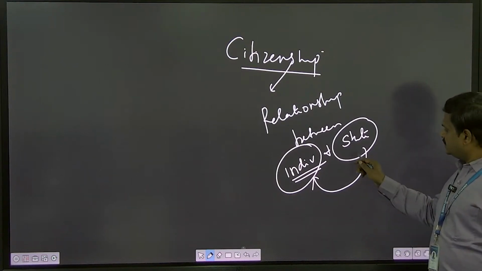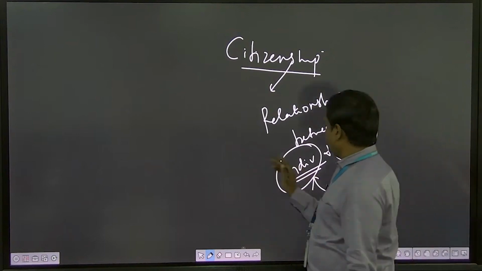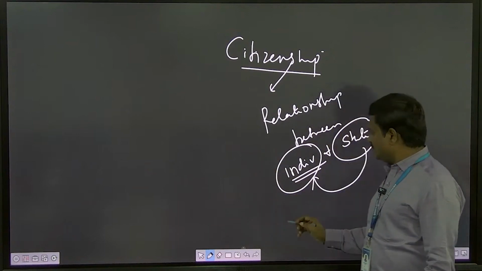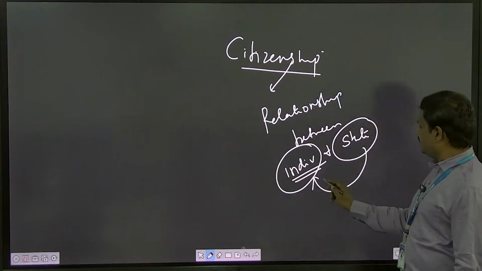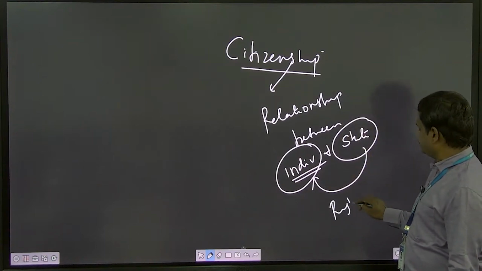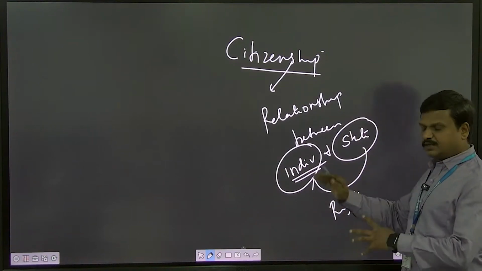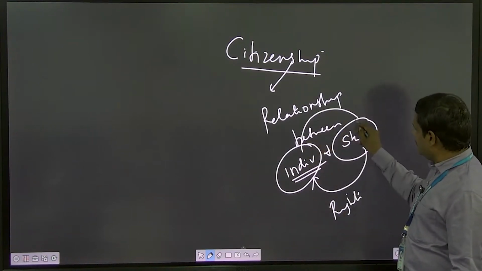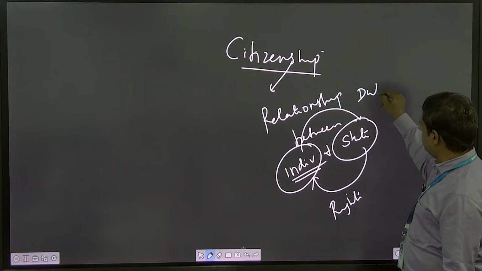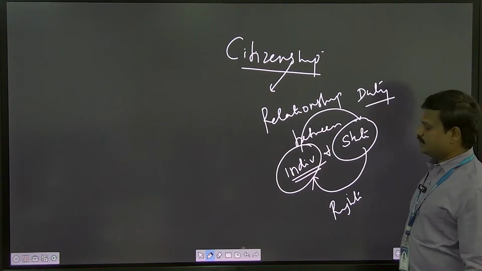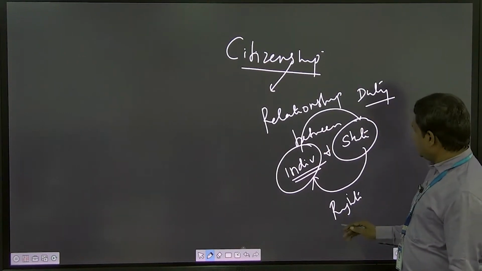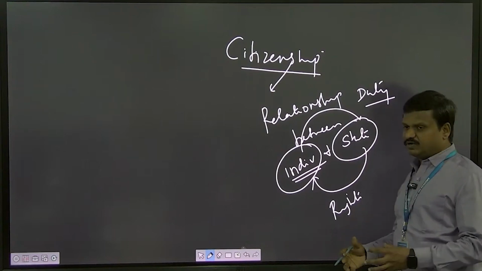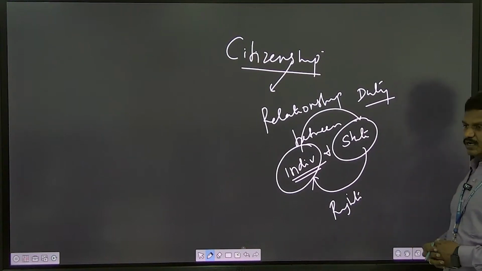Right? Since individuals are ruled by the state, individuals will be given rights by the state, and in reciprocity the individual will give his duty to the state. So state and individuals have a reciprocal relation.